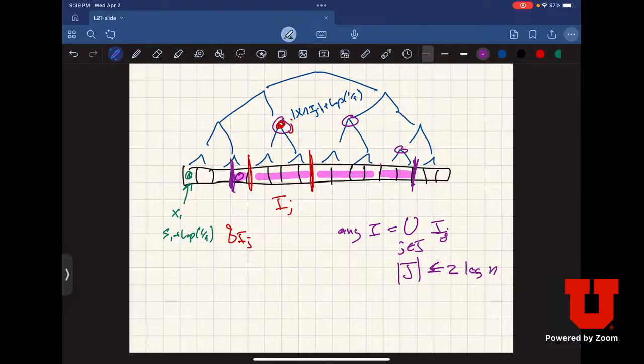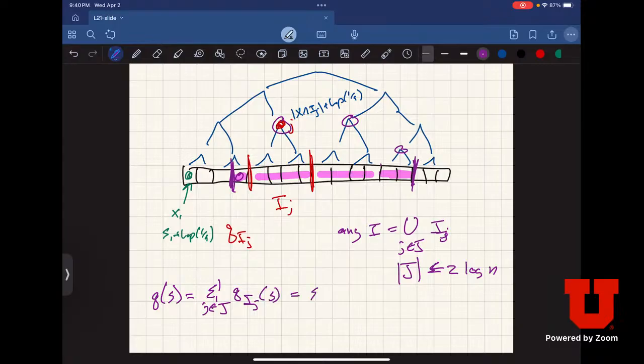Okay, so now I can compose a query. So a query of S. Again, this is a data structure, so I can store this other information. It's now going to be the sum over these j in the set J of these subtrees of the query on the interval j of S, right?